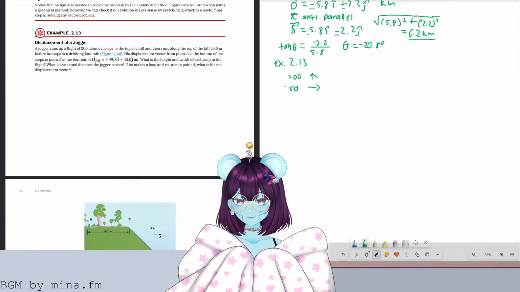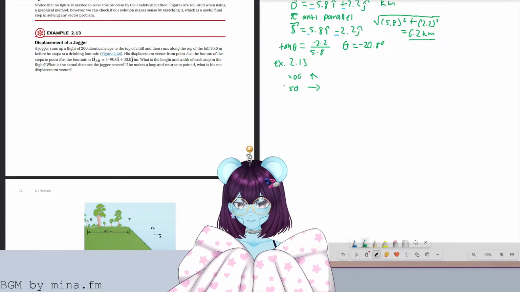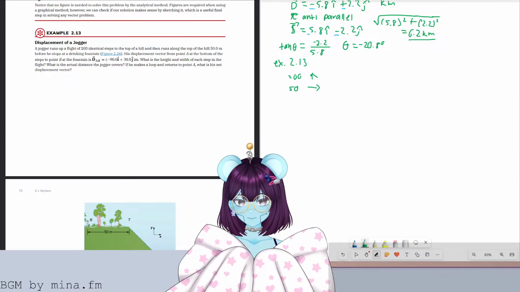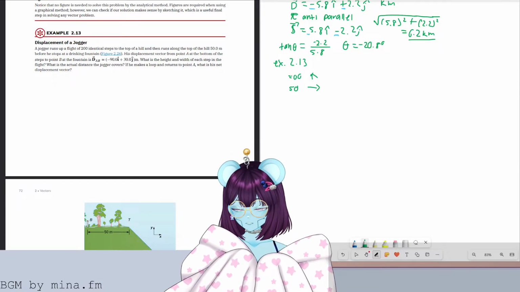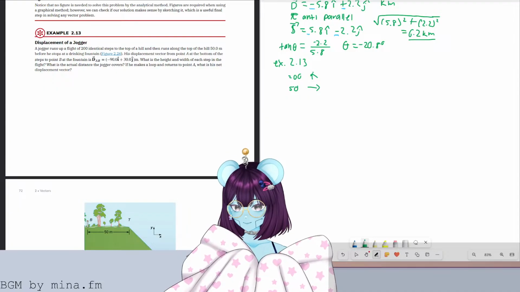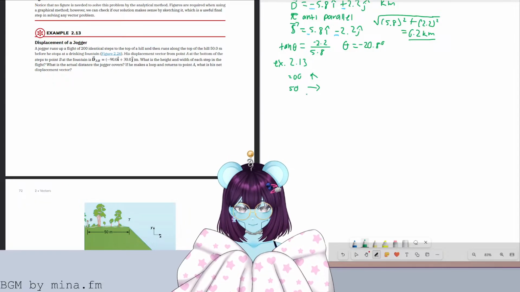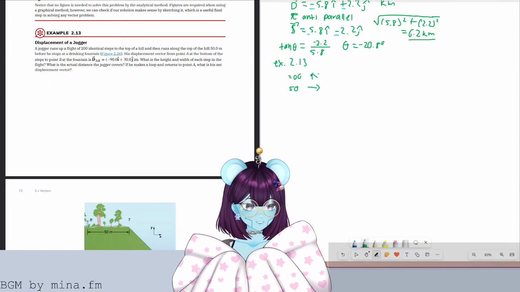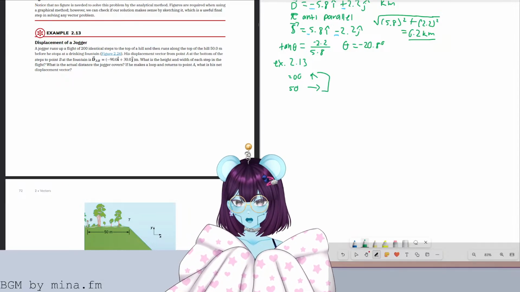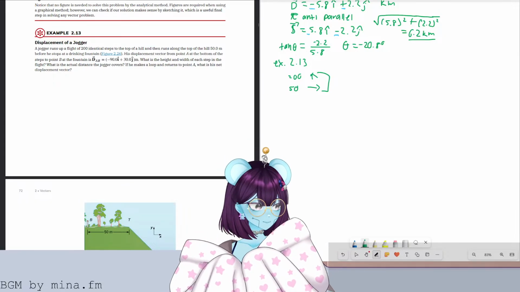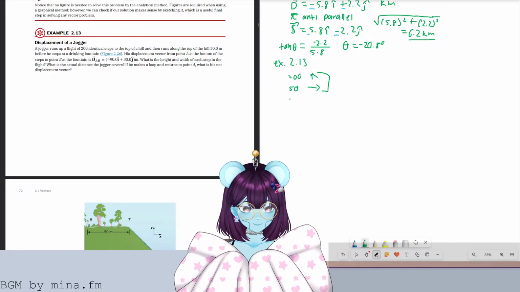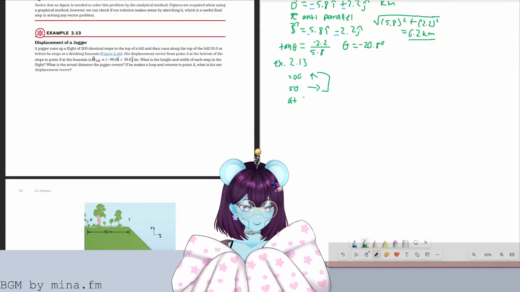Before he stops and drinks from a water fountain, his displacement vector from point A at the bottom of the steps to the fountain is that. Yes, you get that because of these. So this is where his displacement is when he's at the fountain.